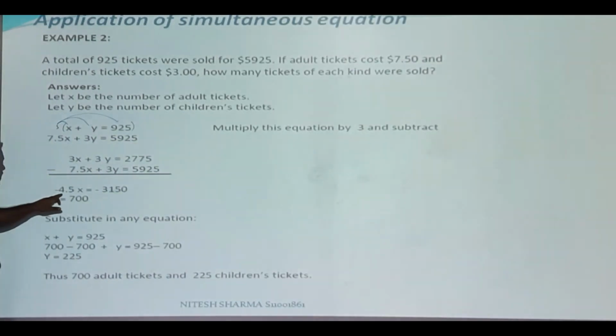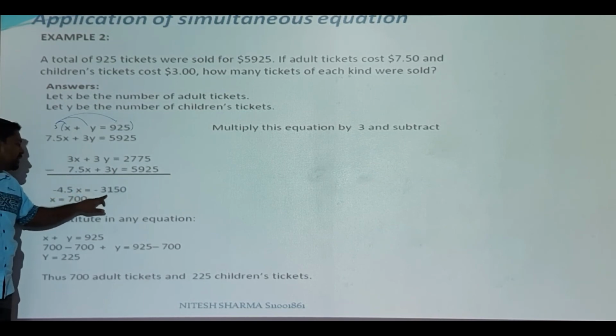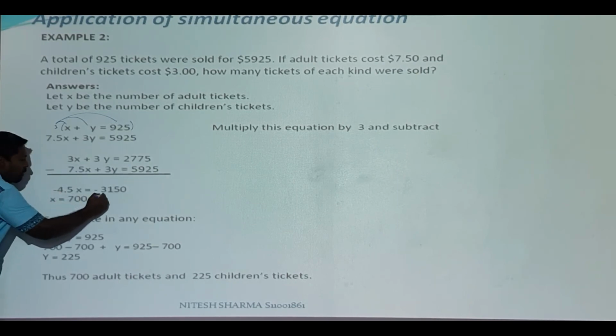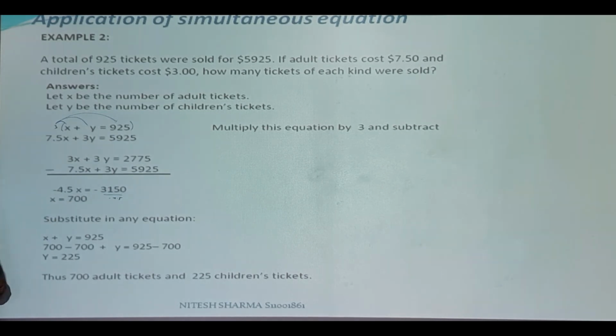So my equation is negative 4.5x equals negative 3150. To solve for x, just divide both sides by negative 4.5. I get x is equal to 700.